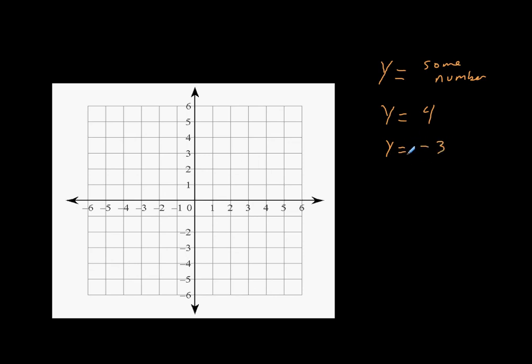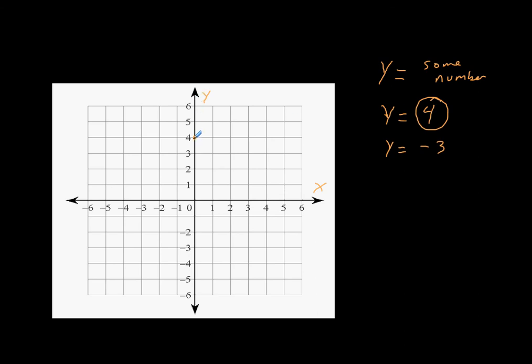In either case, it's graphed the same way. This 4 is your starting point. If it's y is equal to, you always start at the y on the y-axis. Again, we know this to be the y, this to be the x. Start on the y-axis and you put a point on the 4 of the y.